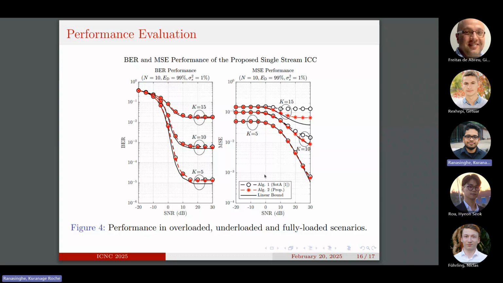So as you can see, when it's like 10 to the minus 3, that means even though the power is small, relatively speaking, the performance is still all right here.